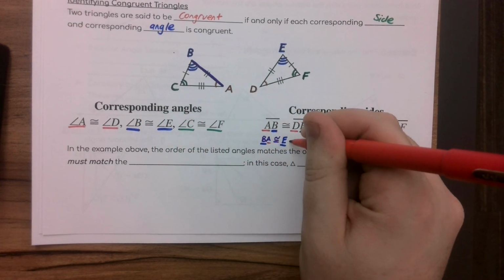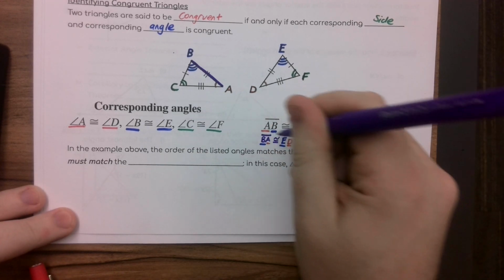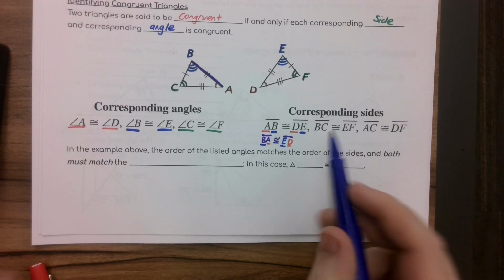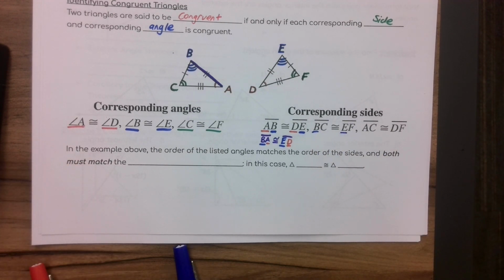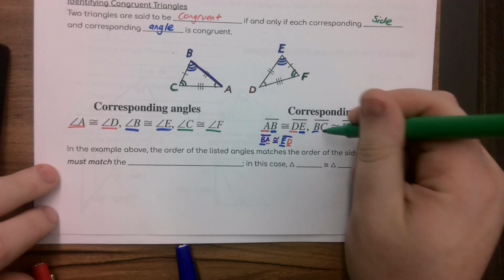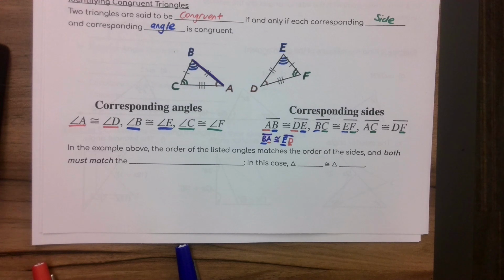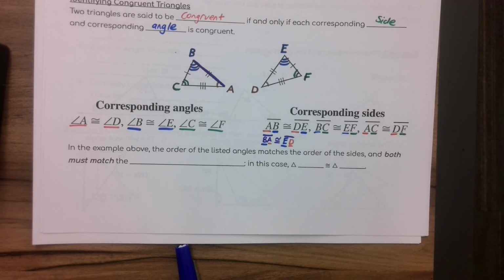D. So you would have to have D second to match that. That is how you make congruent statements with sides. So every time there's a letter B, the letter E is on the opposite side of the statement. Every time there's a letter C, F is on the other side of the statement. And as we already showed, every time there's an A, D is on the other side of the statement.